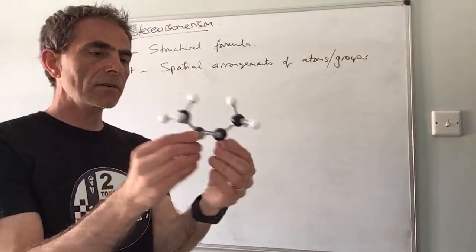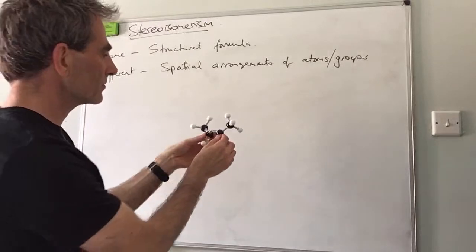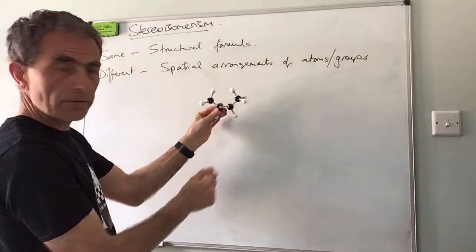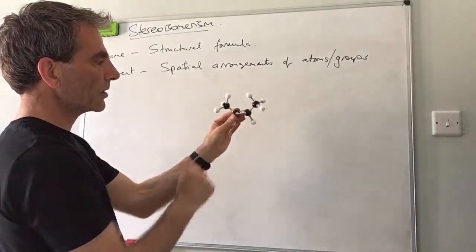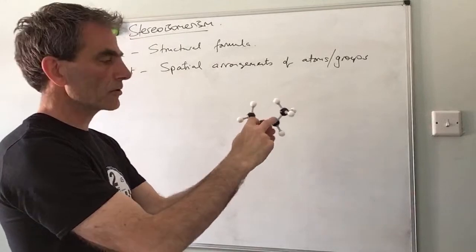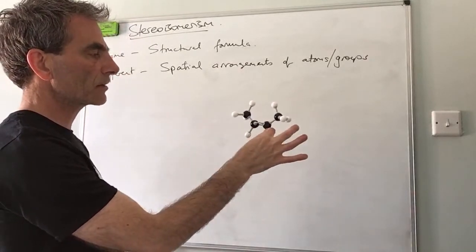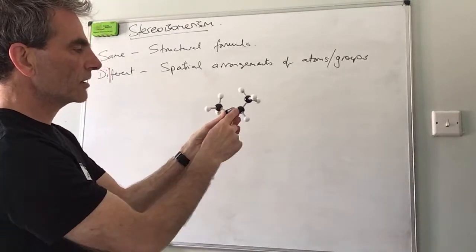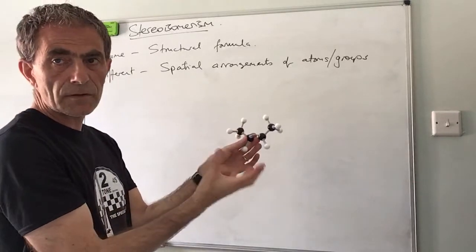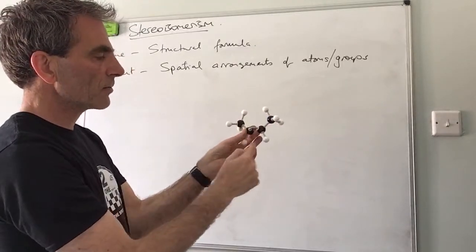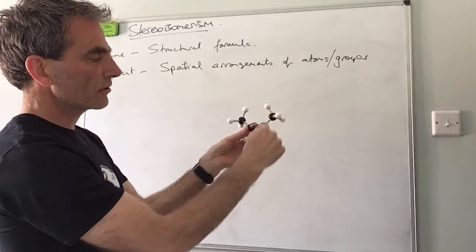Right, okay, so butene. Hopefully you can see that's butene. We've got 1, 2, 3, 4 carbons. The double bond starts at 2 and goes to 3. So this is butene. What we can do with this is change it into a different form of this molecule by swapping these two groups around.